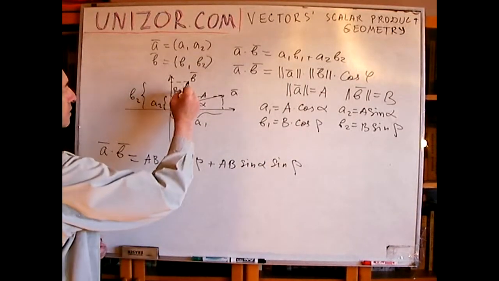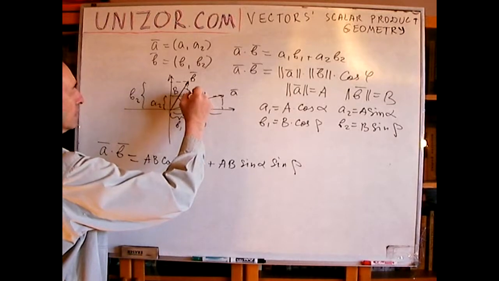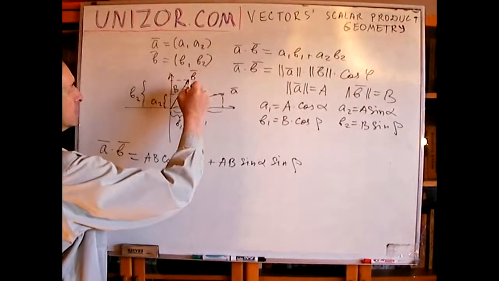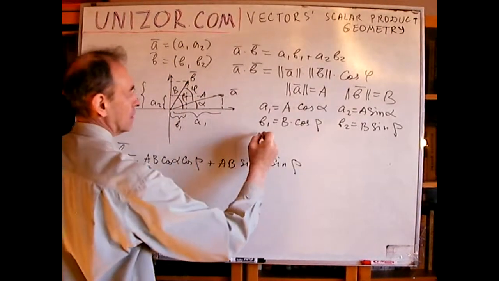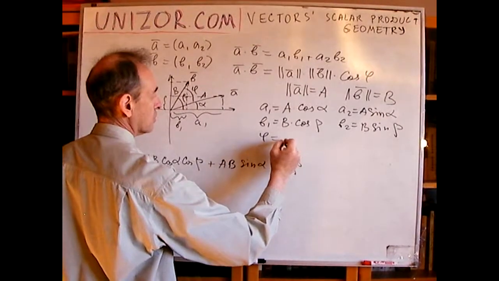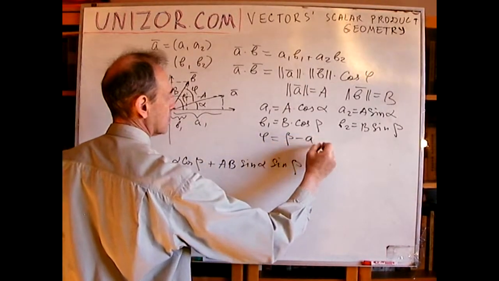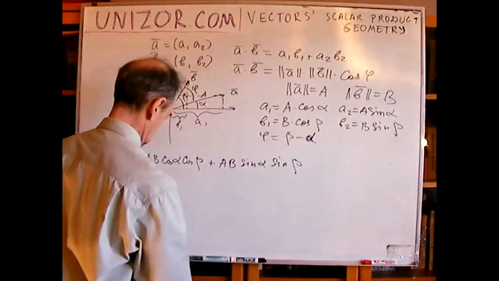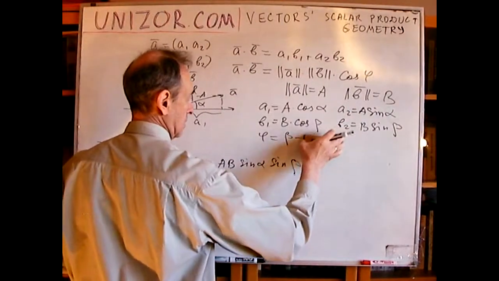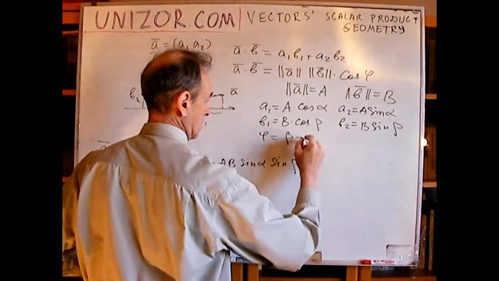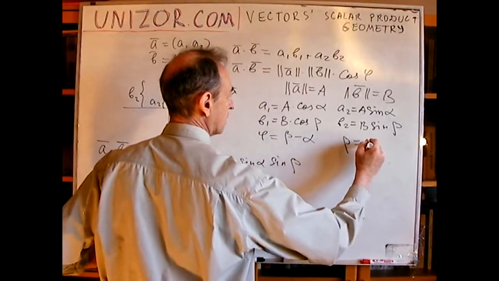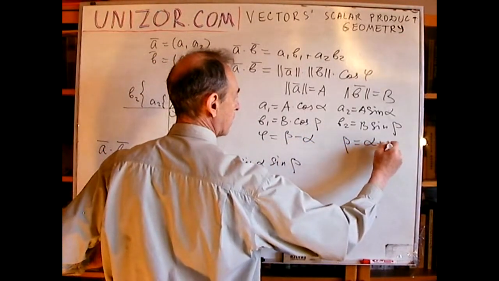If the angle between A and B is phi, then phi is equal to beta minus alpha, or if you wish, beta is equal to alpha plus phi.